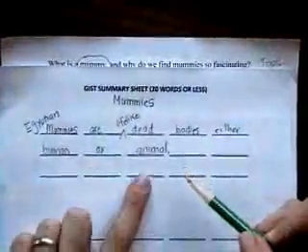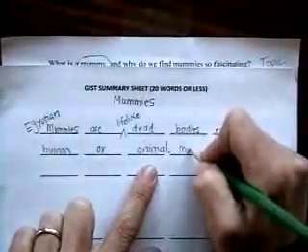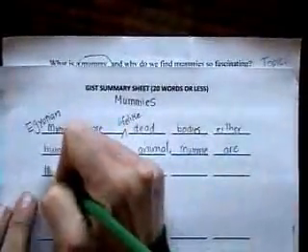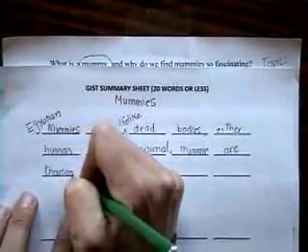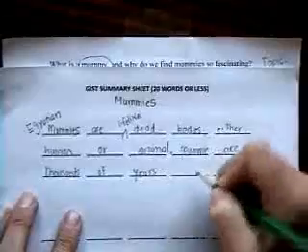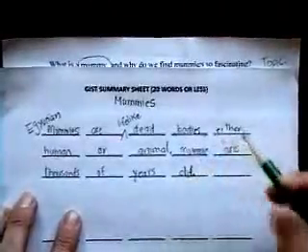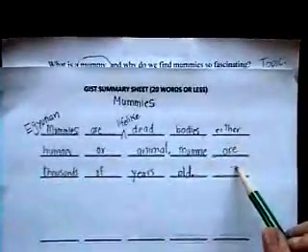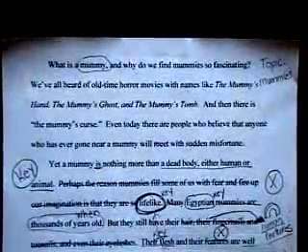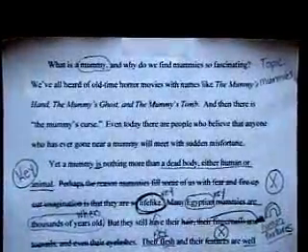I can also add in mummies are thousands of years old. Okay, so I'm running into a problem here. I've only got one word left. Okay, so let's just keep going until we capture all these key ideas.